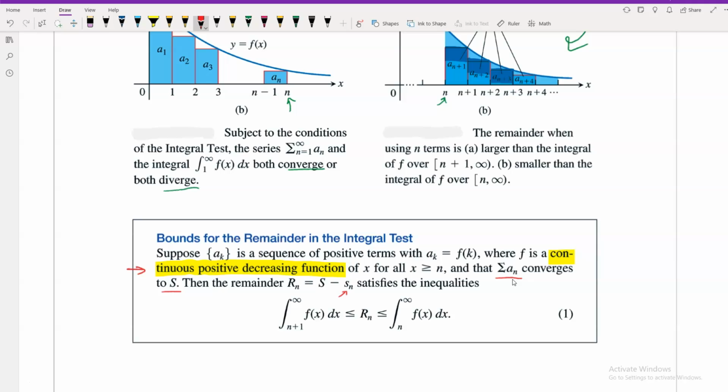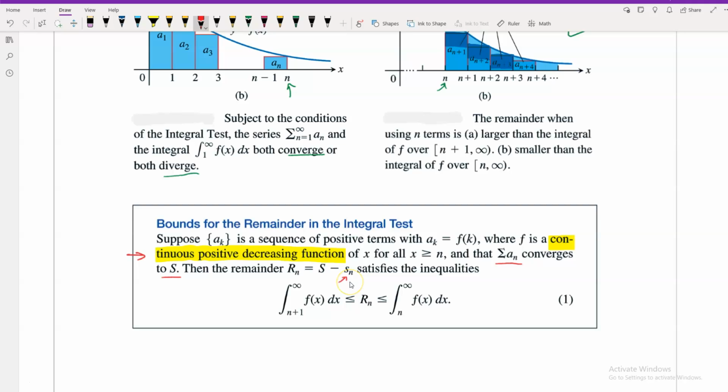So what we had here are the conditions of the integral test: a continuous, positive, decreasing function. And this s sub n is for partial sums.